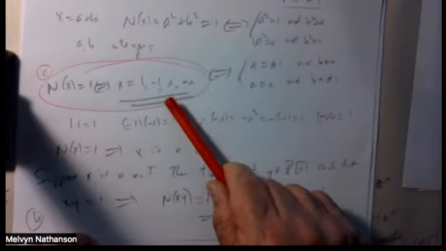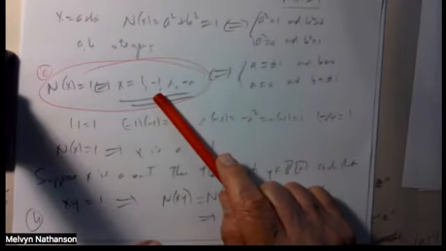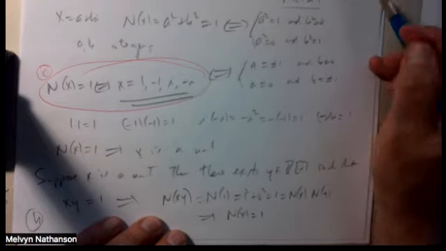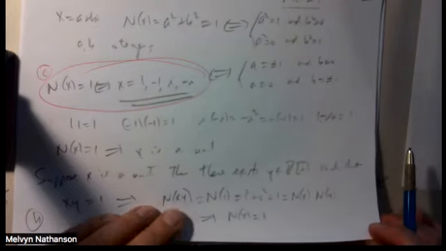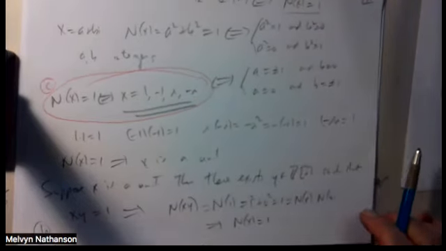And what are the units? Well, the units are the elements with norm 1, and I already calculated them. Norm of x is 1 if and only if x is plus or minus 1 or plus or minus i. That's part 3, that's problem 3.